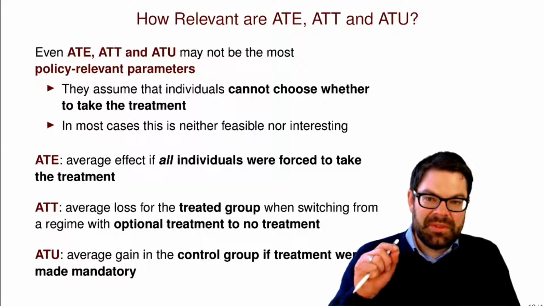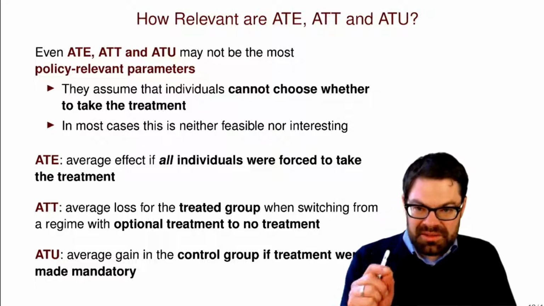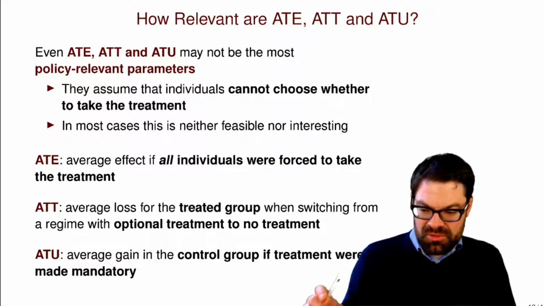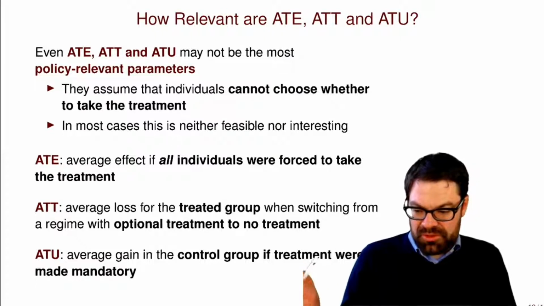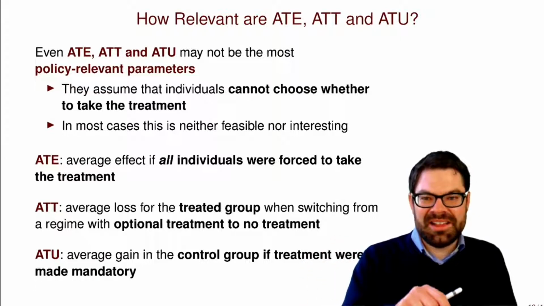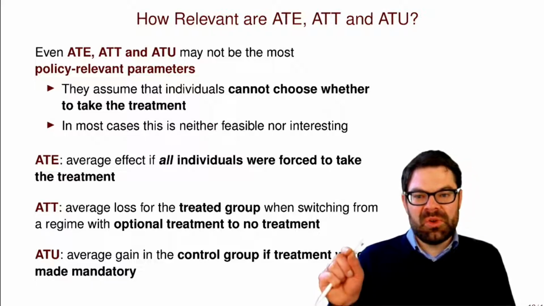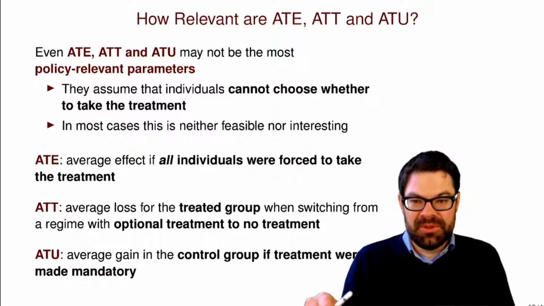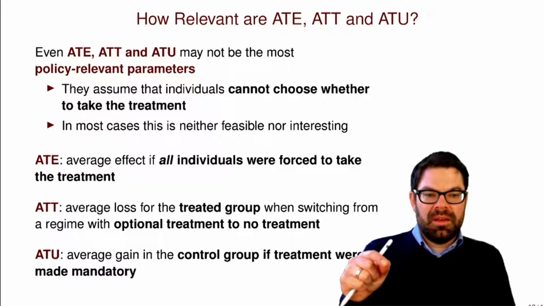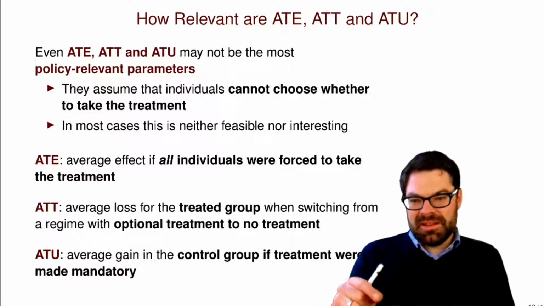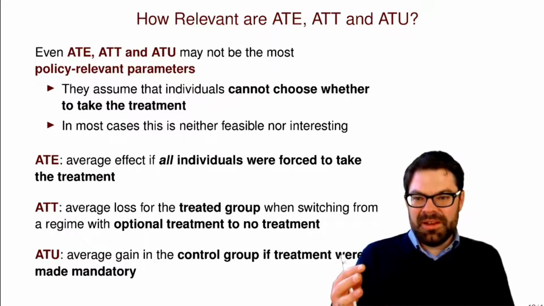However, it's not necessarily said that the average treatment effect or the average treatment effect on the treated, which is what in most academic applications we are after, are actually the most policy relevant ones. And why are they not so policy relevant?